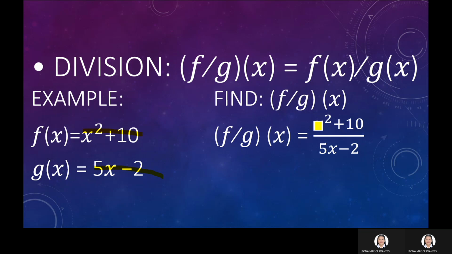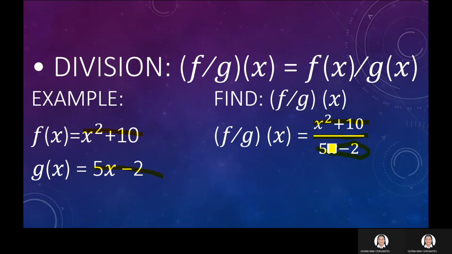So we have f divided by g of x is x squared plus 10 divided by 5x minus 2. So f divided by g of x is equal to x squared plus 10 divided by 5x minus 2.